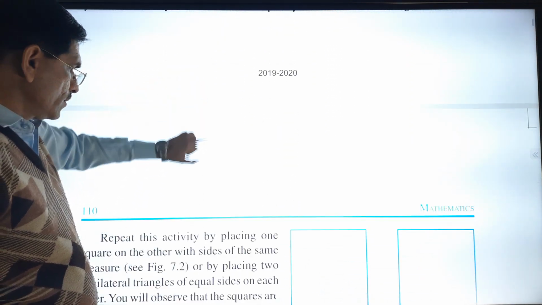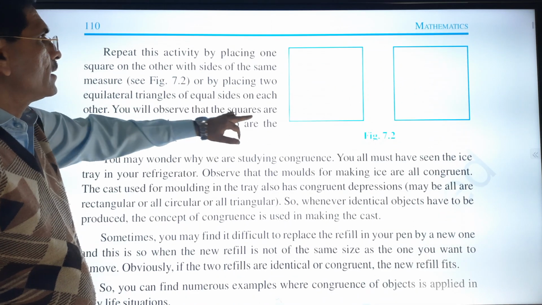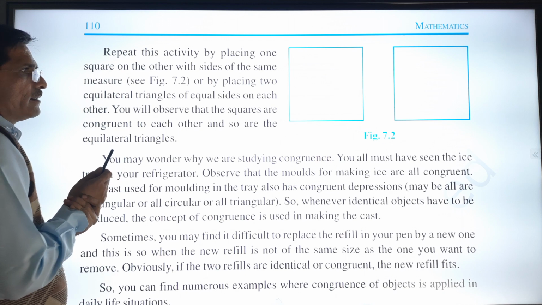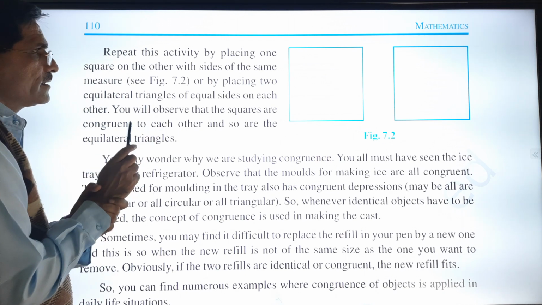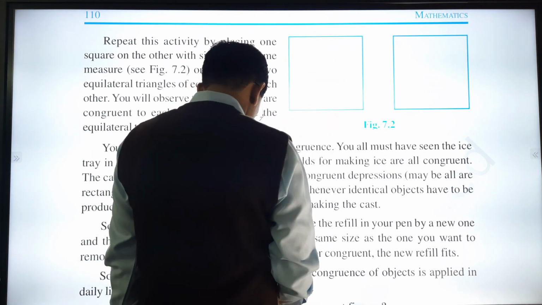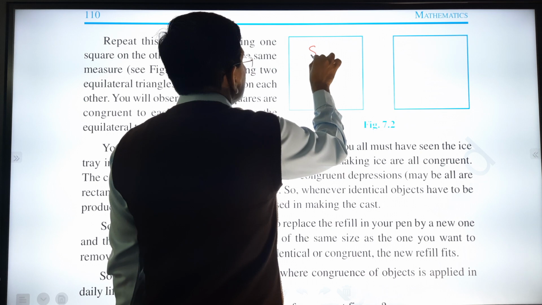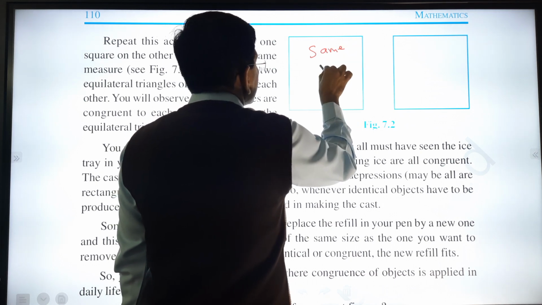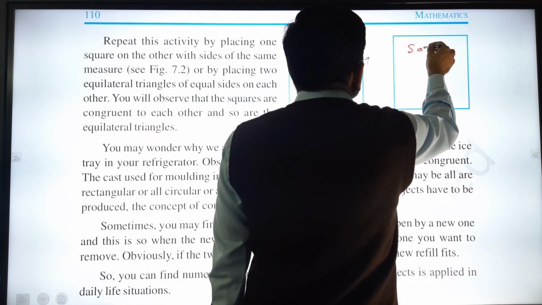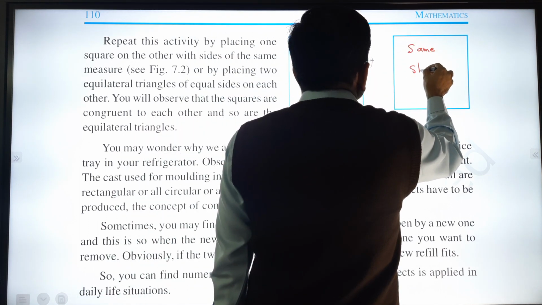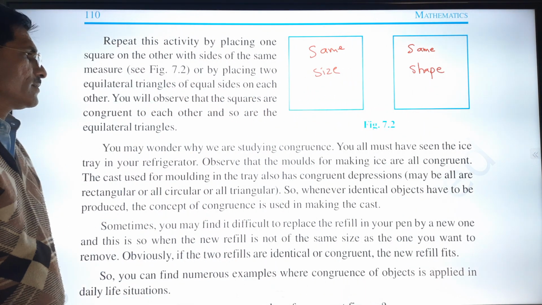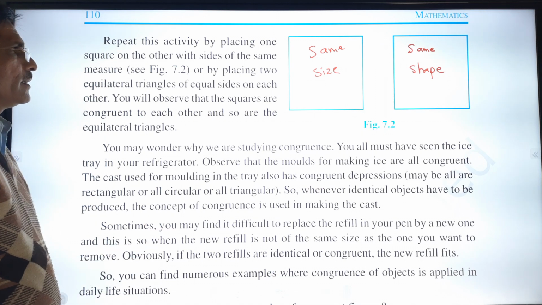Now we go to some more examples. Two squares of the same size. Again remember: same size, same shape. We can say congruent in all respects.